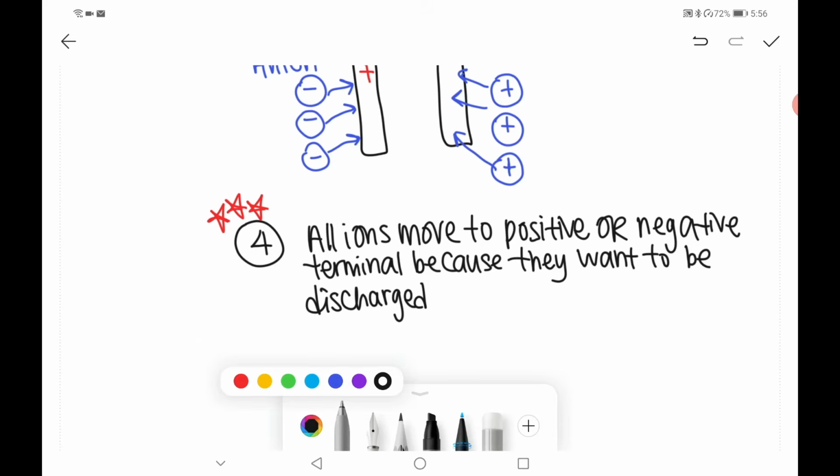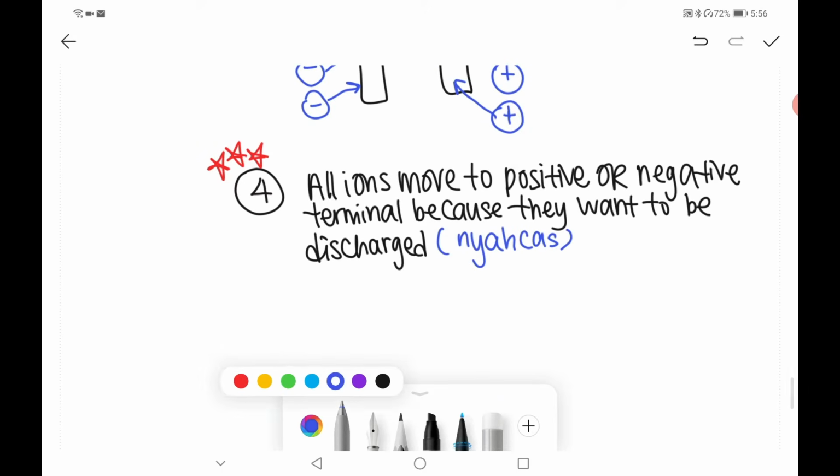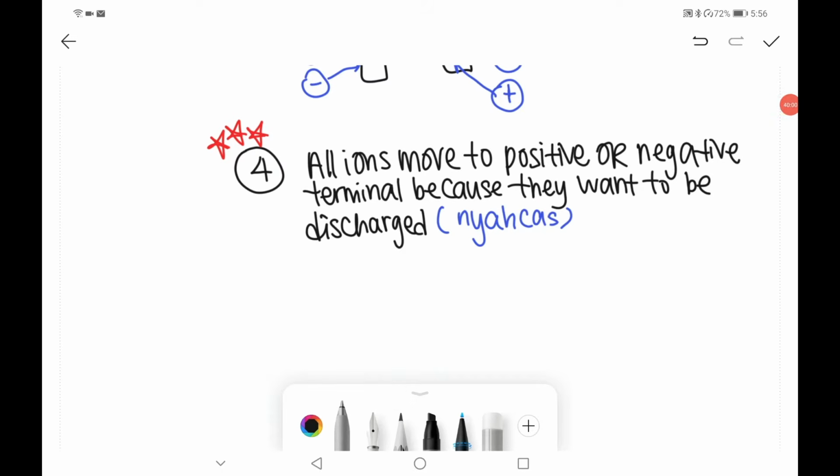In BM, discharge is called nyah caj, neutralised charge. So what do we mean by discharge? Discharge means that they want to throw away the charge to be neutral.